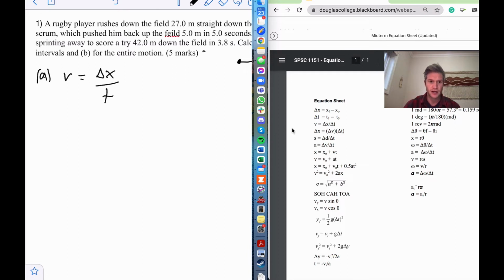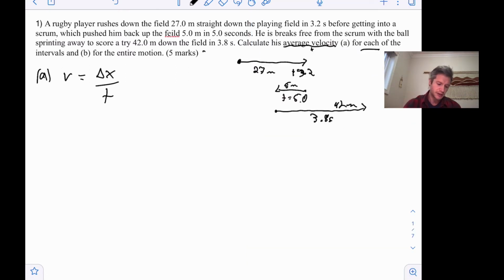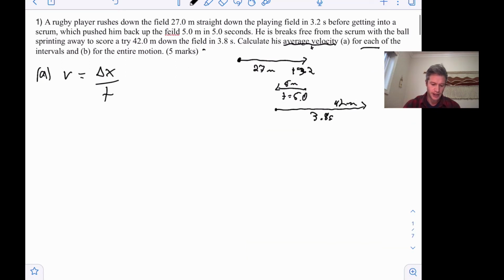Okay, so it's asking for average velocity. And so we can look at this equation and, how do we know this is the right one? Well, we're given displacement, so some sort of change of distance in a specific direction. So that's definitely a displacement we can use. And we know it's linear, so there's no curves.